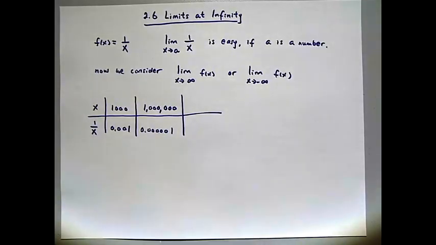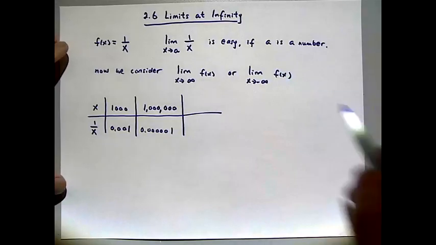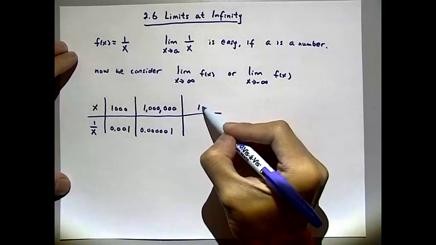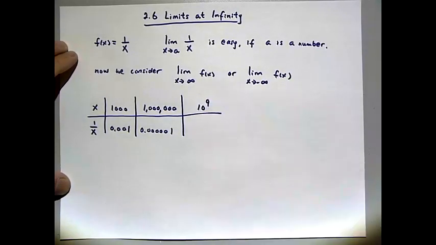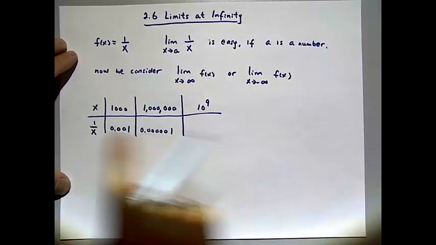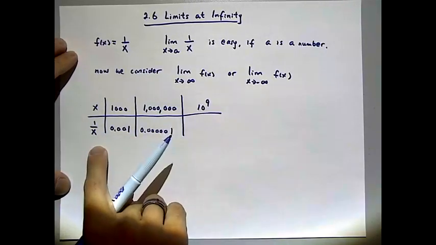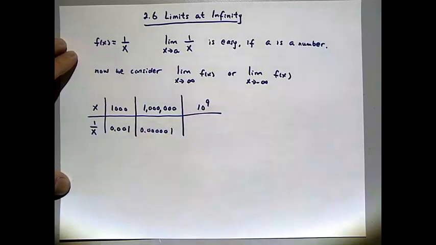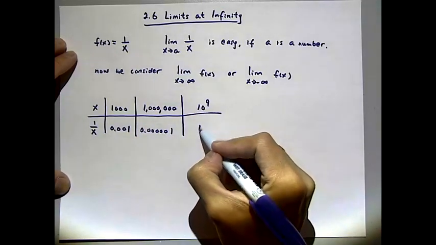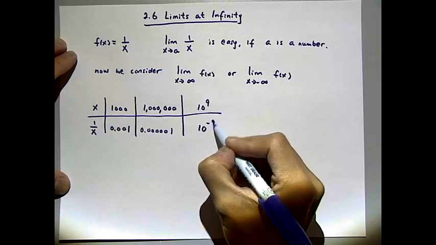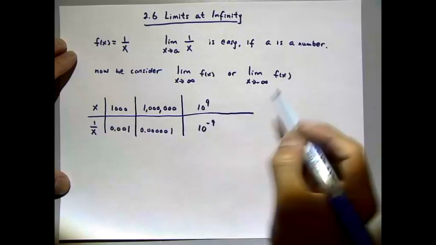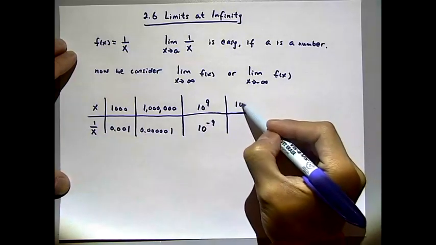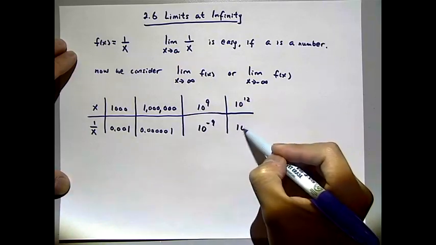A tiny, tiny number. Let's go a couple more. How about 10 to the 9th? 10 followed by 9 zeros. 1 over that would be 0 point, bunch of zeros, right? In scientific notation, it's simply 10 to the minus 9. And 10 to the 12 gives you 10 to the negative 12.